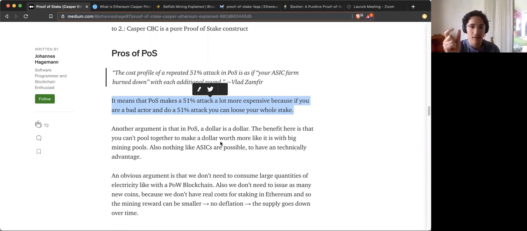A problem maybe with proof of stake is that the cost of validating, or the cost of being malicious, is in terms of the cryptocurrency itself.